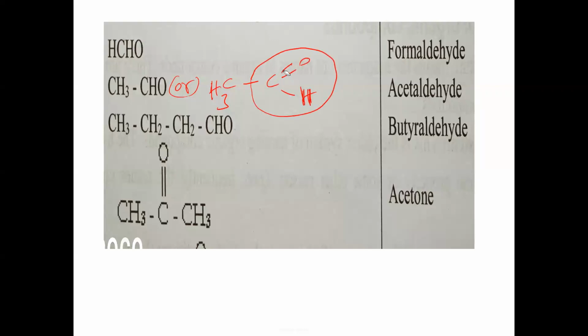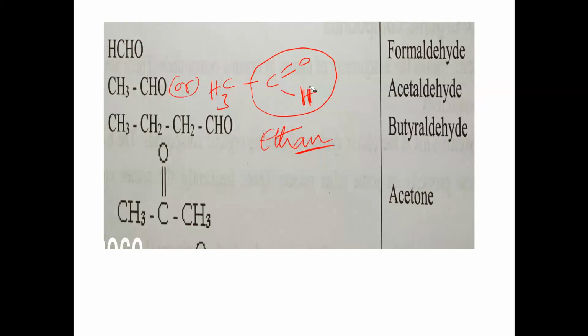For this aldehyde group, what is the secondary suffix I gave you in the table? Al, otherwise ol. Al will come here. Totally how many carbons in this chain? 2 carbons, indicating eth. Between the 2 carbons, a single bond is there, so an.